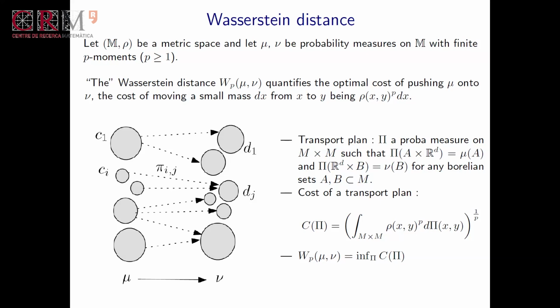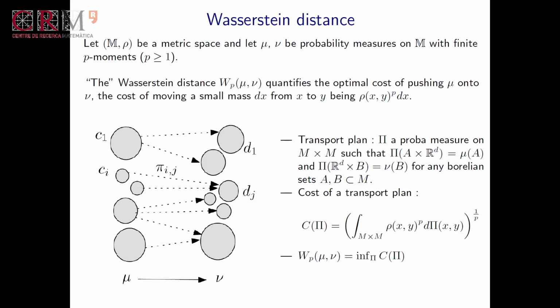And I do that for all the atoms here. And when I'm doing this, I'm building a matrix where when I sum up the columns, I get the weights for mu, and when I sum up the lines, I get the weights for nu. All right?